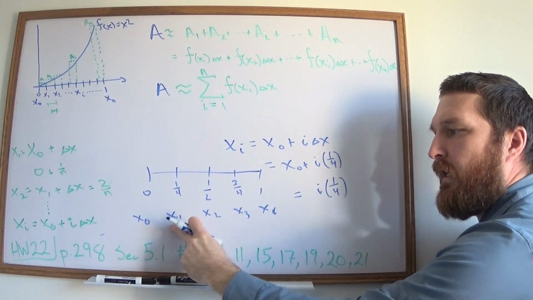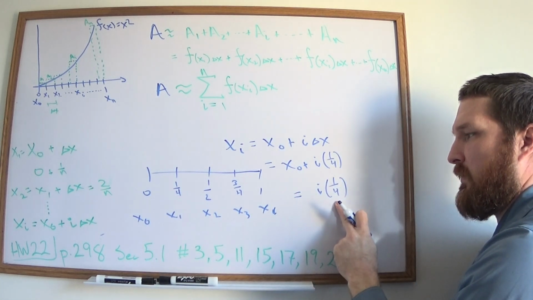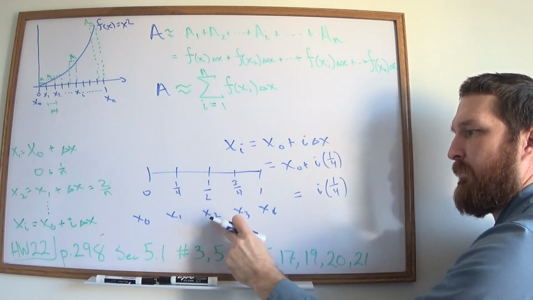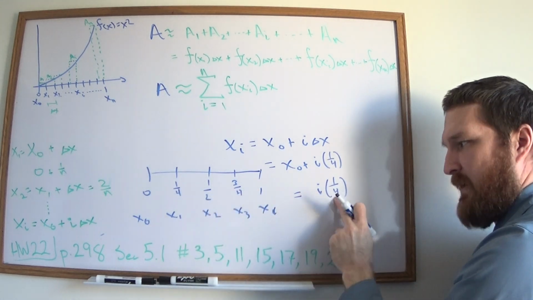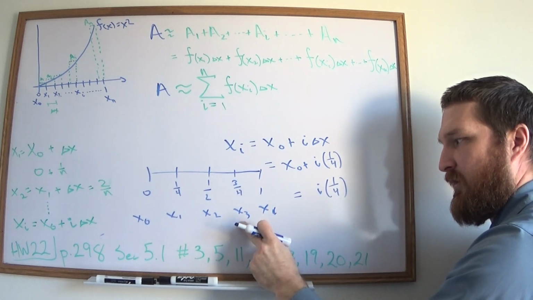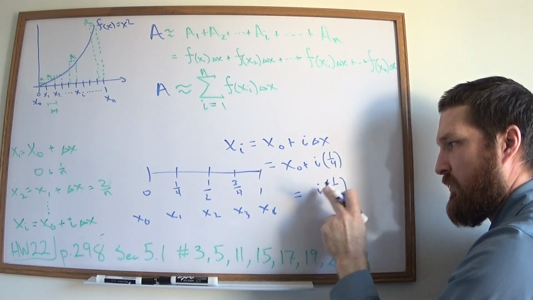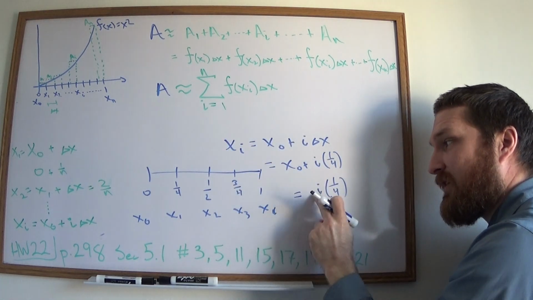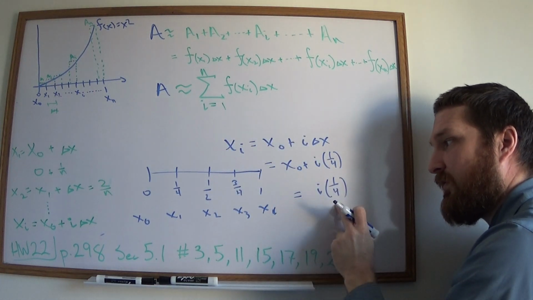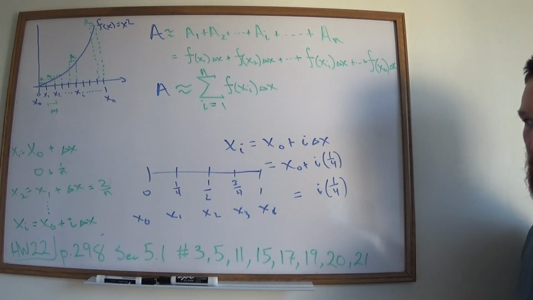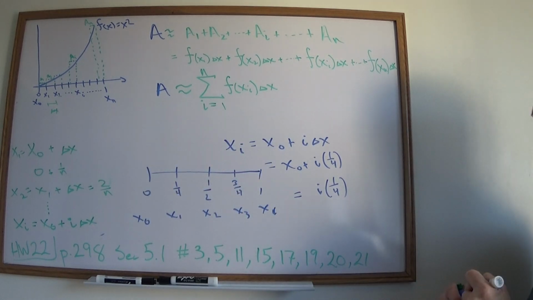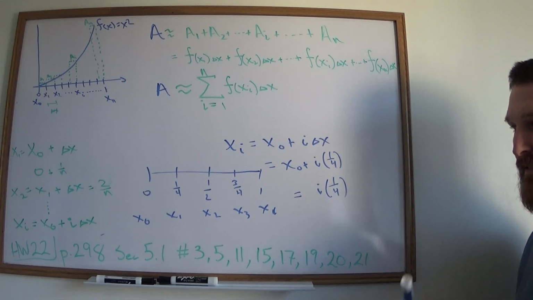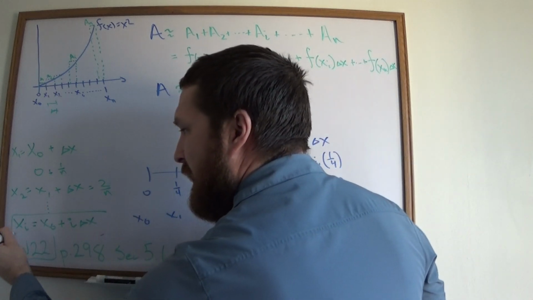When I plug in a 1, I should get 1/4. When I plug in a 2, I should get 1/2. When I plug in a 3, I should get 3 over 4. When I plug in a 4, I should get 4 over 4, which is 1. That's where we end up. So this is a very, very nifty formula to have right here.